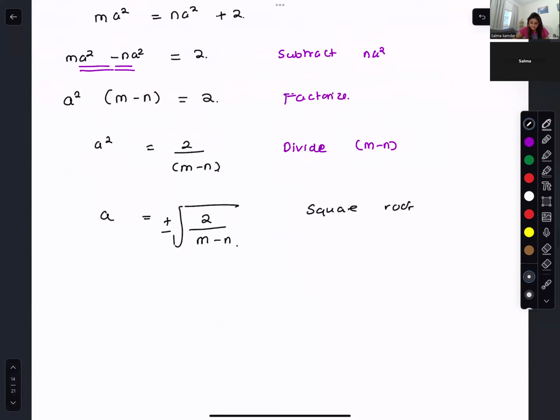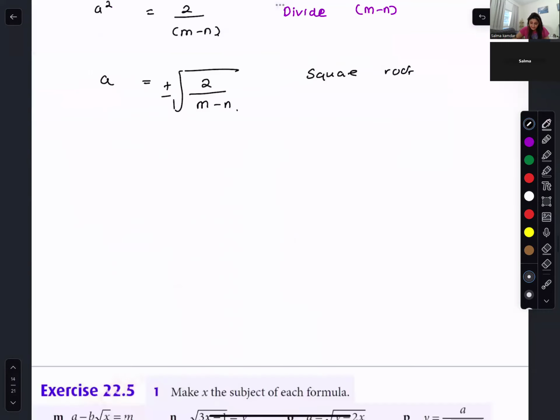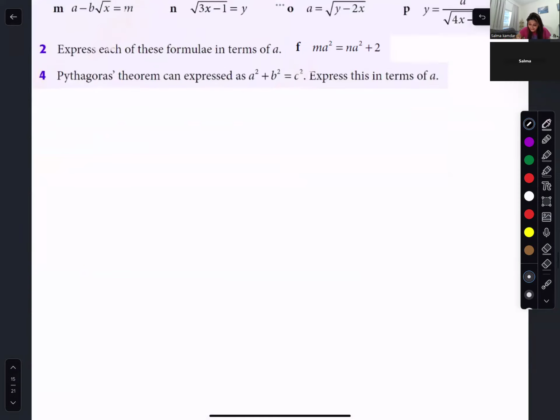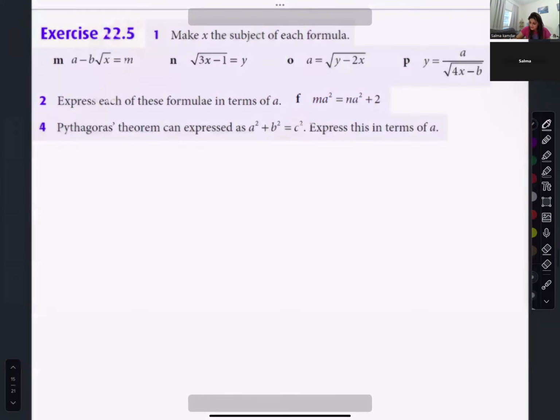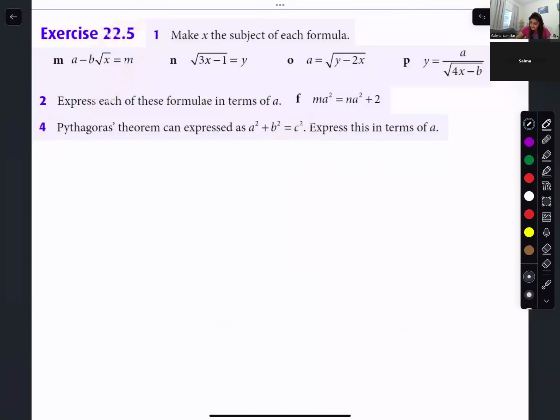Let's go ahead. The fourth one. Pythagoras theorem can be expressed as a square plus b square is equal to c square. Express in terms of a. So I will write this. What will I do? I will subtract b square.